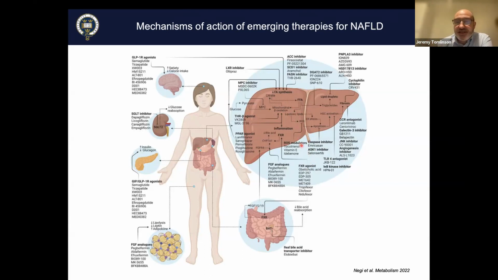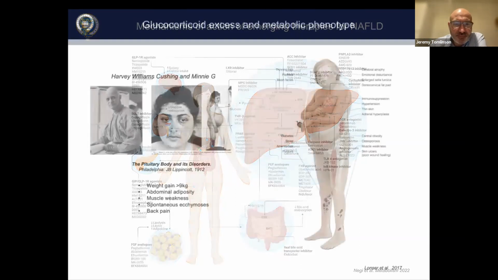There are impairments in oxidation and transport out of the liver. So yes, there are liver-specific processes, but lots of targets are being explored in other tissues, not just the liver. But it's complicated, and finding a specific pathway that we can intervene with in order to improve fatty liver disease has proved pretty challenging.